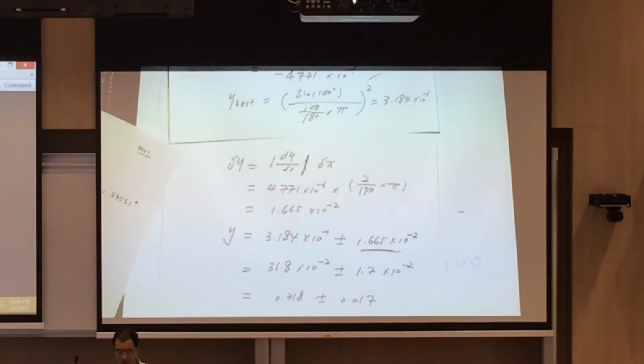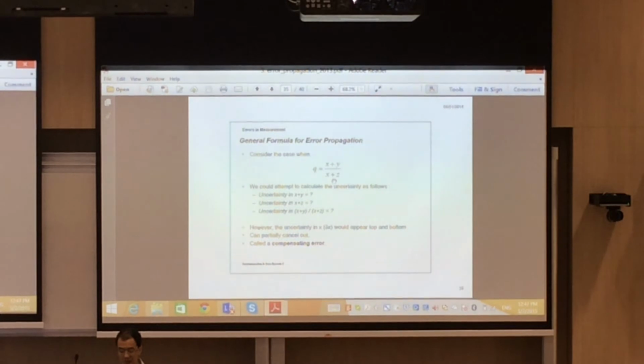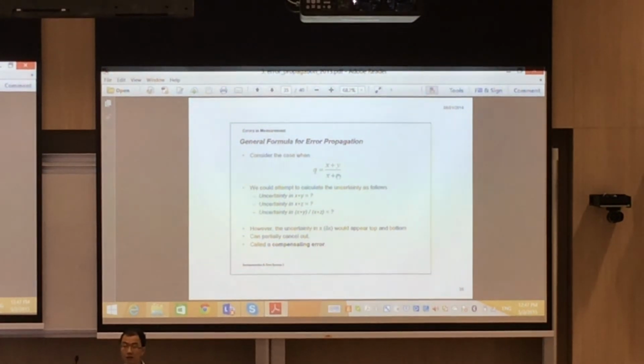Okay, let's continue. How about this one? If you have function q equals x plus y over x plus z, how do you calculate uncertainties? Actually, this one you know how to do.